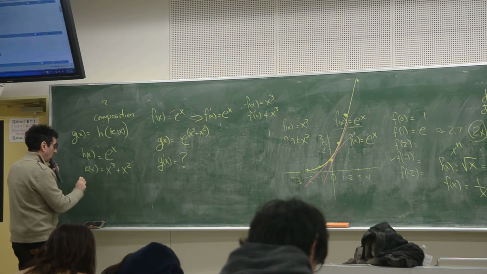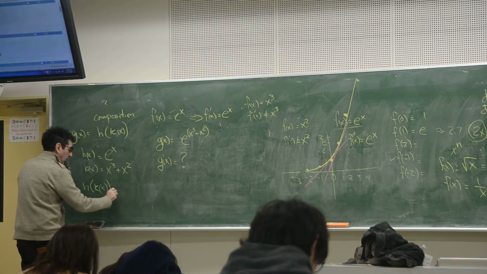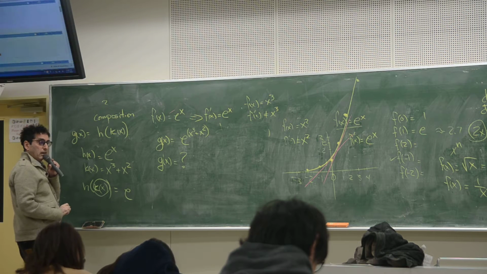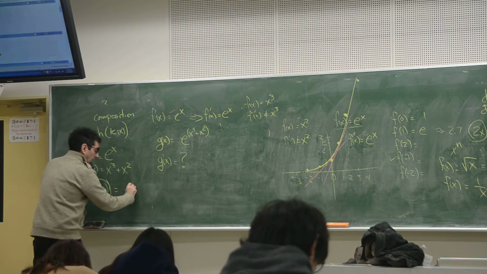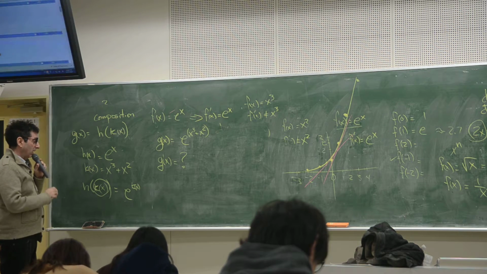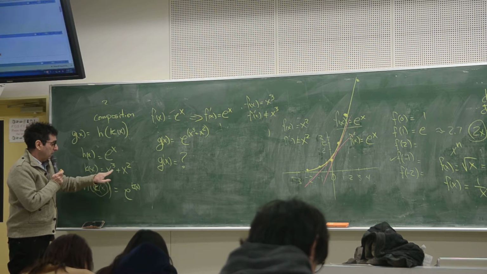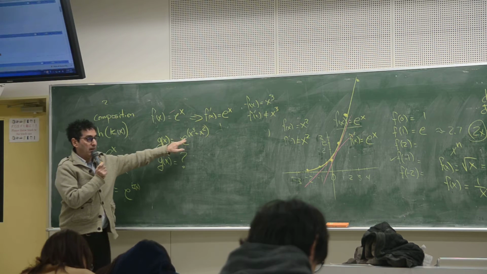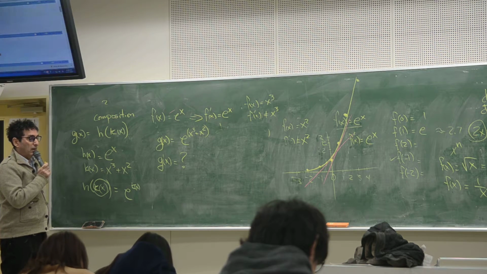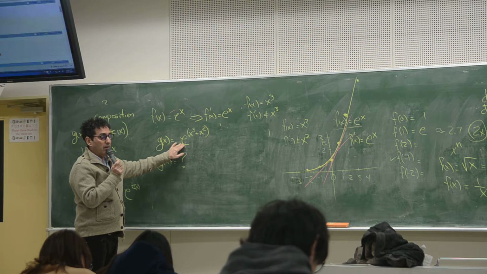So if I do h of k of x, I don't get e to the x, I get e to the k of x, right? But what is k of x? This. So what do I get? E to the x cubed plus x squared. That's what I wanted to get.